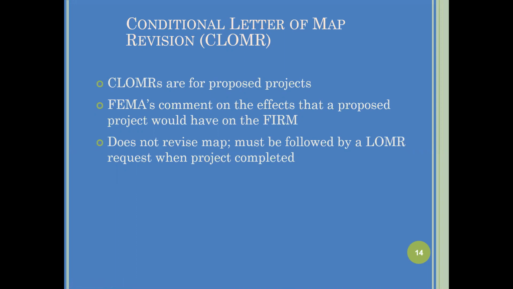These conditional letters inform the builder and others, such as a bank financing the project, that when the project is complete, it will qualify for a letter of map revision. And that has to be filed within 6 months of the project completion. Right. And I don't believe there are expiration dates for CLOMRs. Correct.